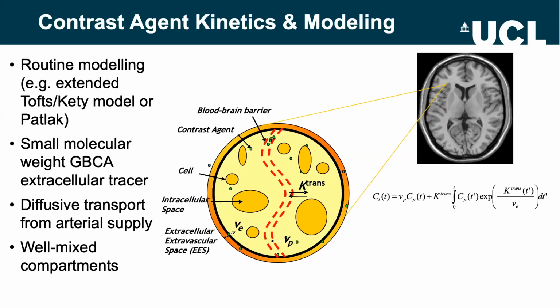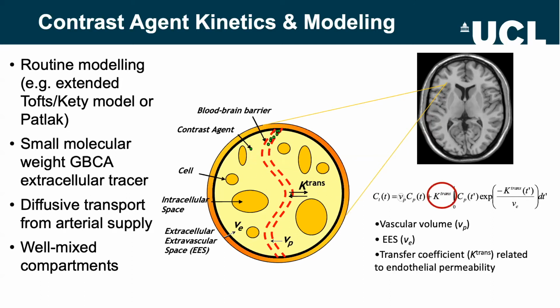So the concentration that we measure in the tissue, in the parenchyma of the brain, is made up of a concentration in the blood pool plus this term over here, which accounts for leakage of the contrast agent from the blood into the extravascular space. And the parameter that people are usually interested in is this thing called K-trans, which quantifies the rate of leakage of the contrast agent from the blood into the extravascular space, and also potentially blood volume.